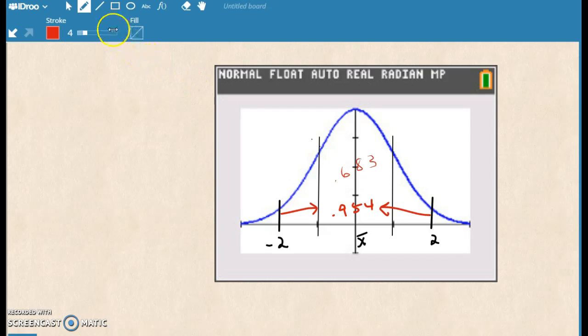And then the last thing that we talk about with this topic is, if I'm between 3 deviations back and 3 deviations up, I'll have what's called the empirical rule. That empirical rule states that from -3 all the way to 3 deviations, I'll have 99.7% of the data.